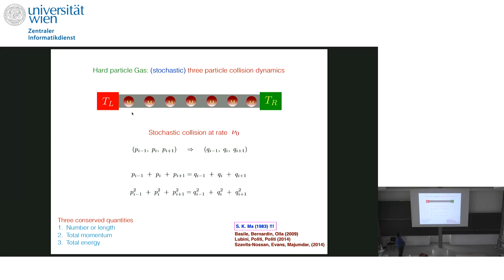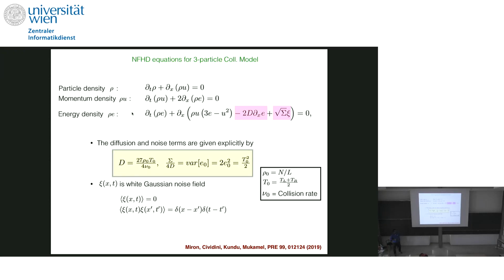In a broader sense, with total momentum conservation and total energy conservation, such constraints are used in condensation problems by Martin and Schutto in a paper. Okay, so for this system, starting from a microscopic description, we could derive these nonlinear hydrodynamic equations along with the diffusion term and the noise term.